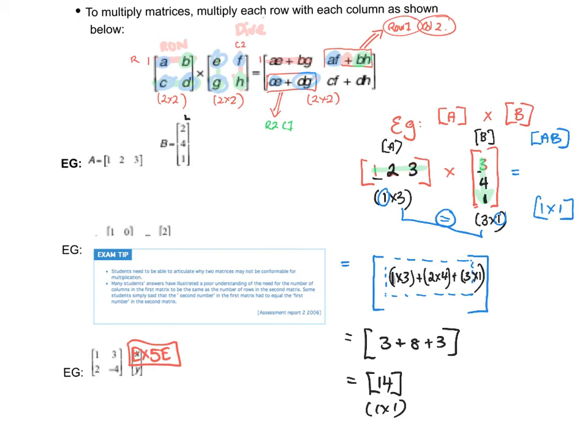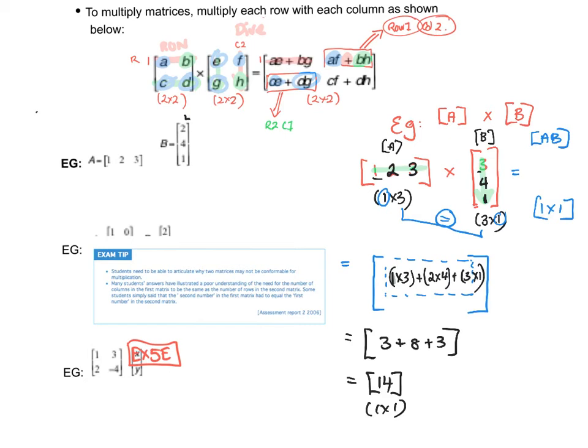So just here, this is taken out of the exam tips for VCE, and it says a student needs to be able to articulate why two matrices may not be conformable for multiplication. So what does that mean?